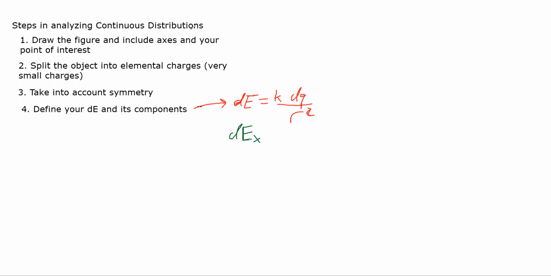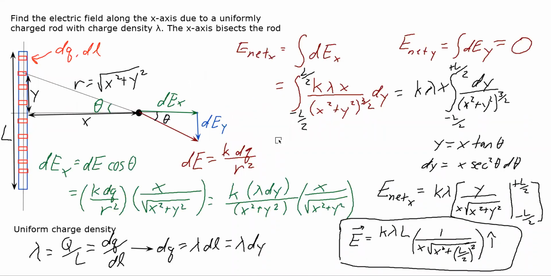And then once you define that, you have to integrate, so you have to do the math of it. That's essentially what we did here in our steps. If you review how we got this final answer for our electric field, it followed those steps.